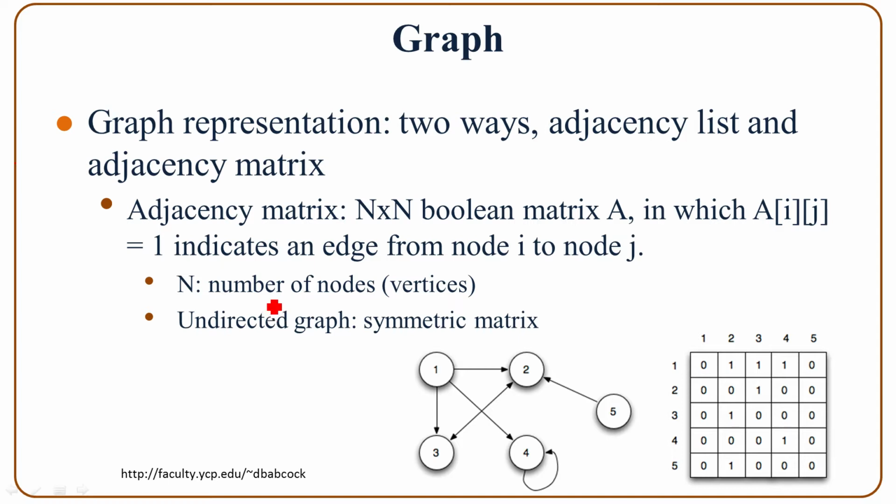Now, let's look at the same graph as we saw before. Node 1 can reach node 2, 3, and 4. So in row 1, at columns 2, 3, and 4, we have 1.